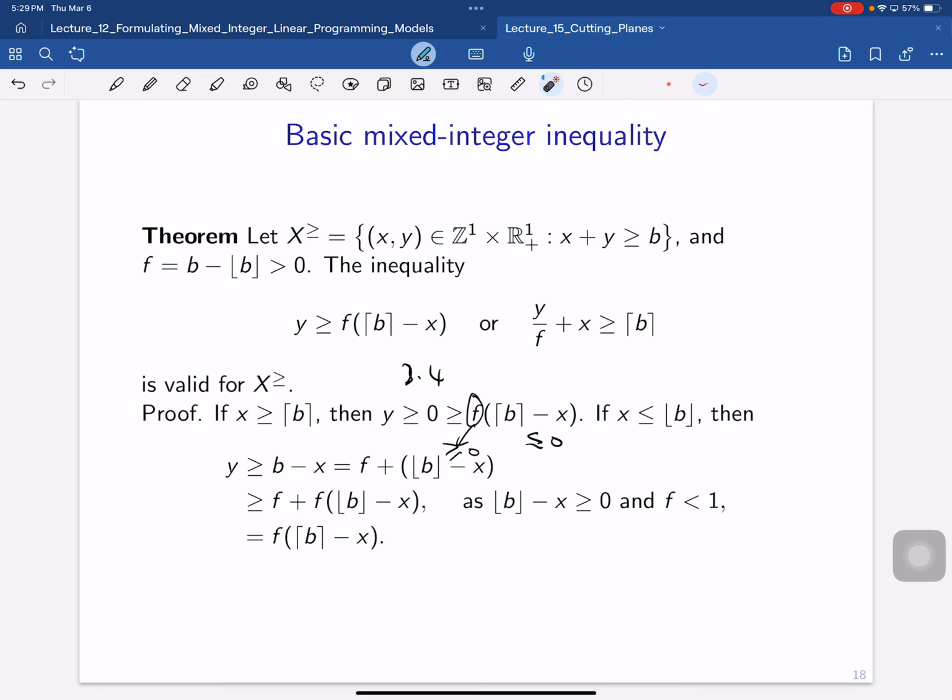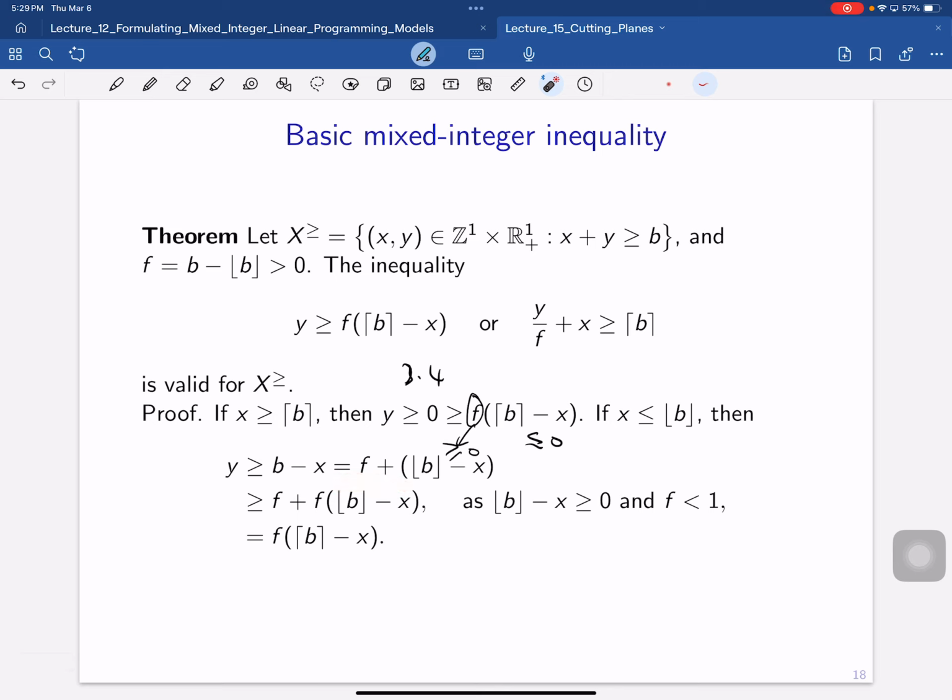On the other hand, if we have x less than or equal to the floor of b, then you could also show this inequality holds. Okay, so how do you show that? First of all, you just rewrite this inequality as y greater than or equal to b minus x, right? Then we can rewrite b as the floor of b plus f, right?